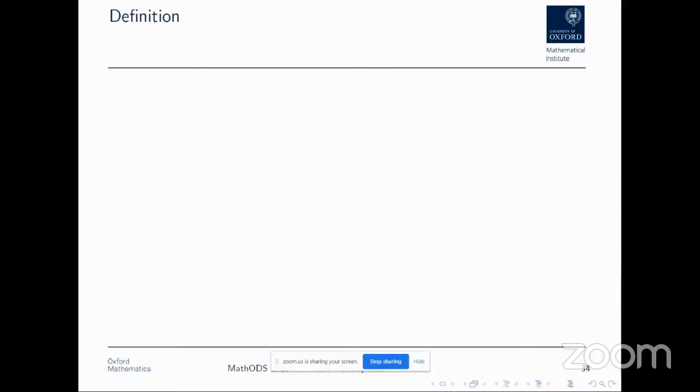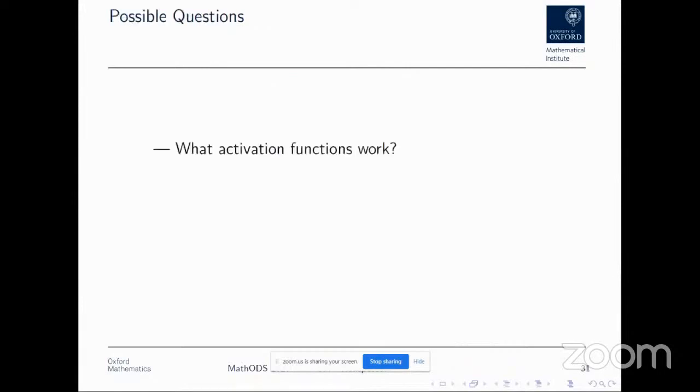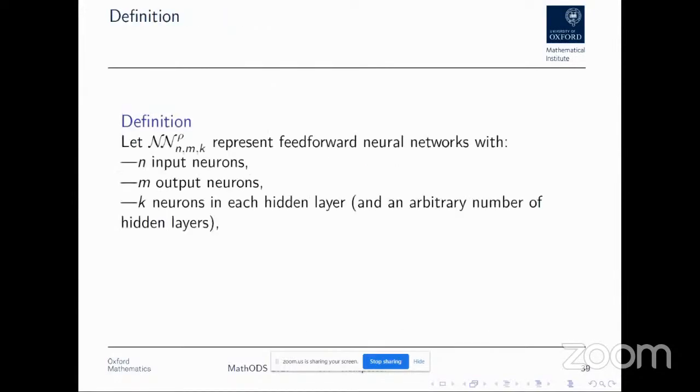So I think maybe it's helpful if I just go back to this little picture that we saw earlier. Here we have n equals 4 inputs, m equals 3 outputs, and our width k equals 5. Okay, so that's our definition.